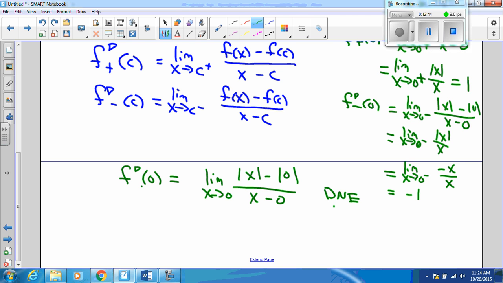Which means that f prime of 0 actually has no value. There is no rate of change for the curve because that absolute value curve comes in and it has, tomorrow we can call that a sharp corner. Right there. One rate of change this way, different rate of change this way. There is no overall rate of change.